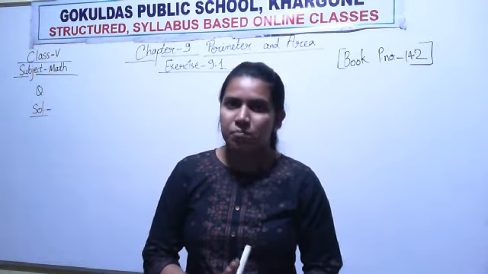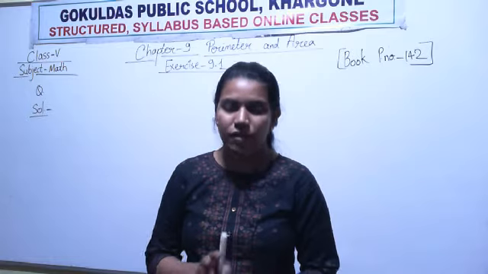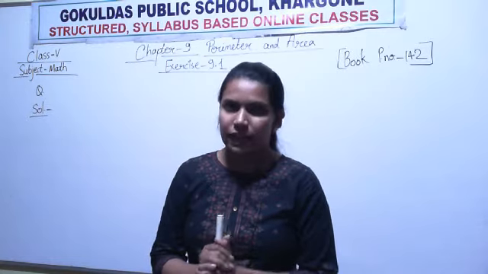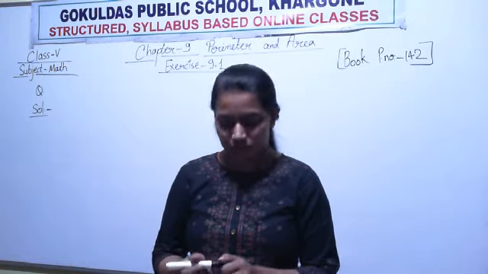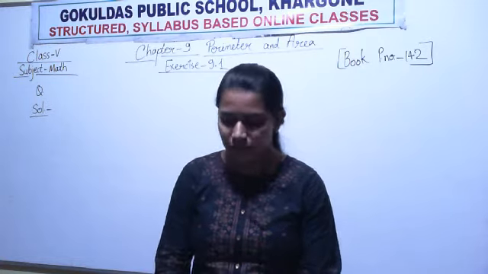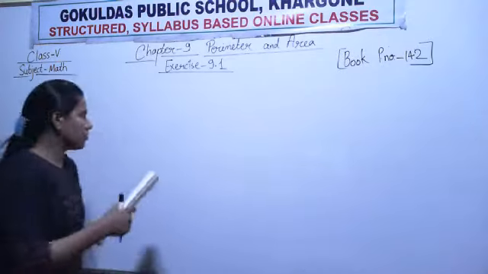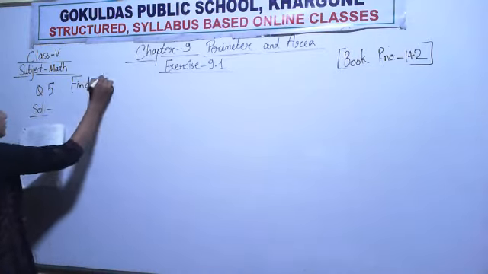Two parts are given, part A and part B, right? Two figures are given. First figure is a square figure and second figure is a rectangular figure, and you want to find perimeter of both the figures. So let us do it. With the help of formula we can find the values. So question number 5, find the perimeter.